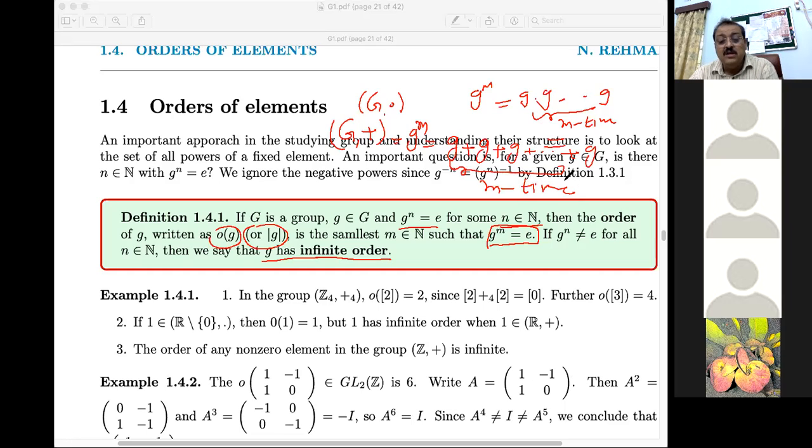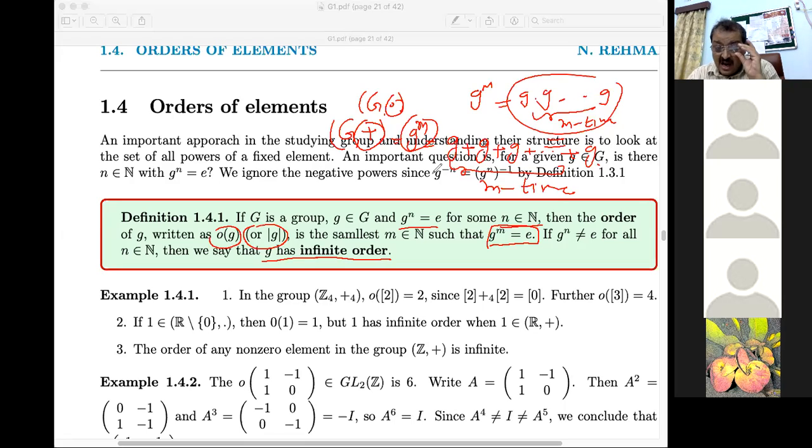So if the binary operation is multiplication, g to the power m means g multiplied m times. If the group is under addition, then the sum of these elements means we add g m times, g plus g plus g plus g.